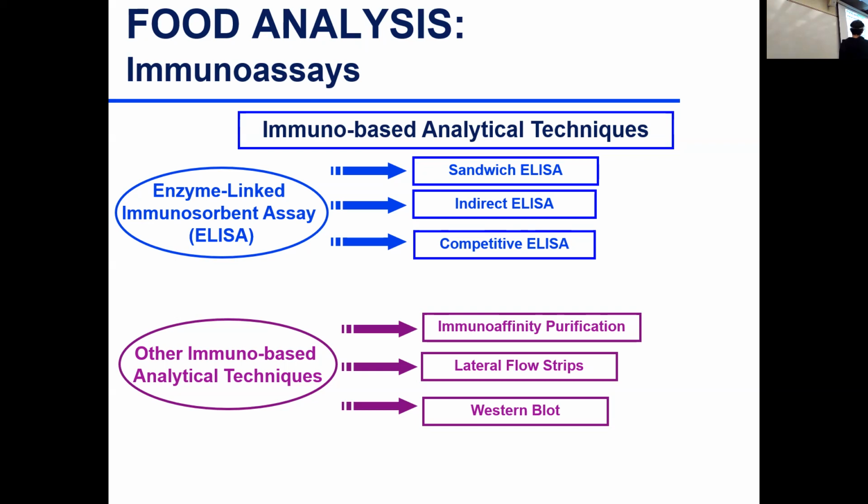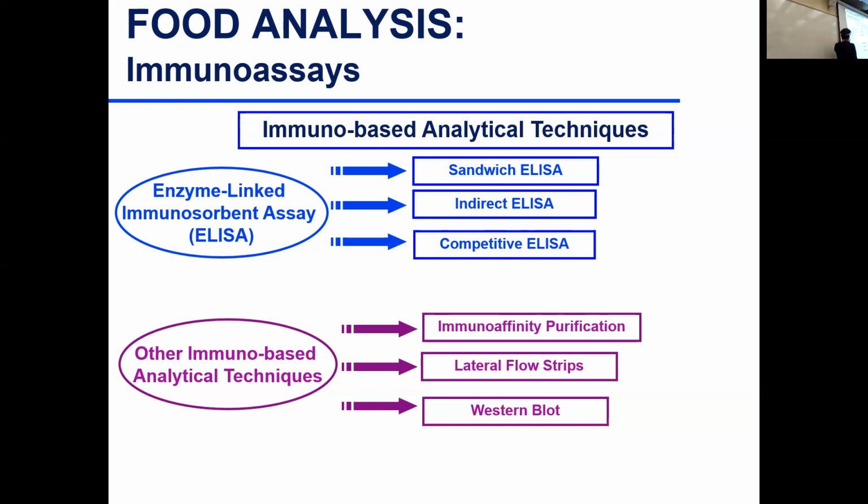But because of radioactivity, they wanted something easier to work with, without needing a special laboratory for it. Then they figured out binding an enzyme to the antibody or binding an enzyme to the antigen. So now it became the enzyme-linked immunosorbent assay, ELISA.